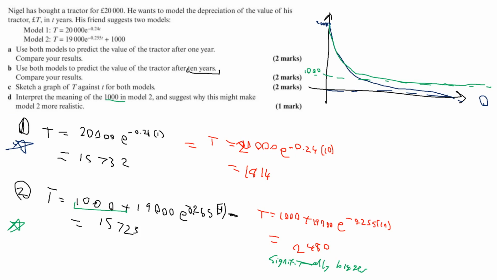According to Model 1, that tractor is basically worthless. But in the second one, it's worth at least 1,000 for maybe scrap metal, maybe the vintage. Who knows? Bottom line is I have something and it's not completely worthless because there's materials, there's novelty to it. So I can always sell it for 1,000 if I want to.